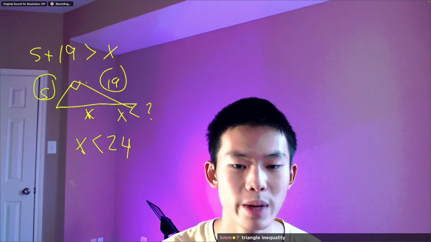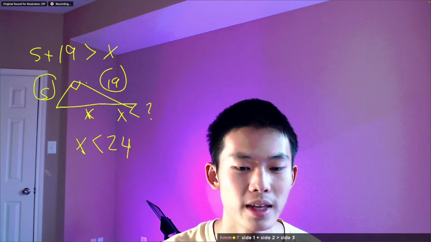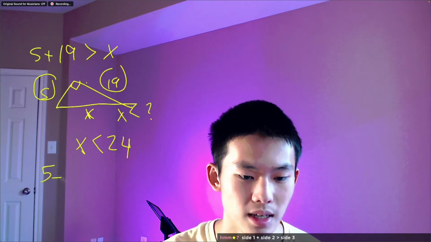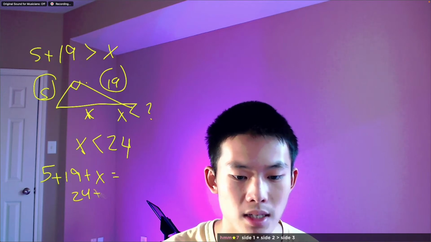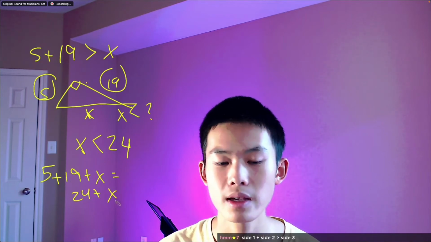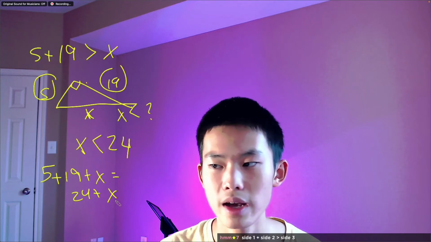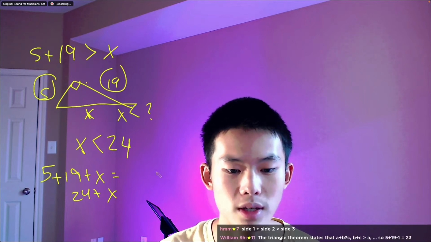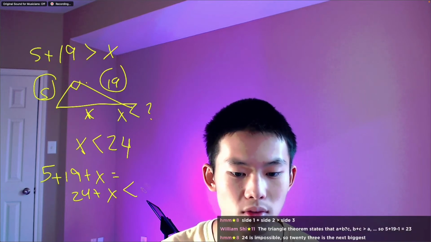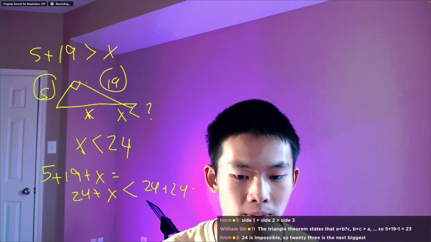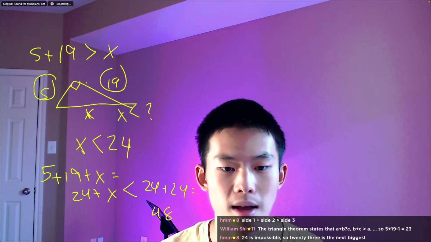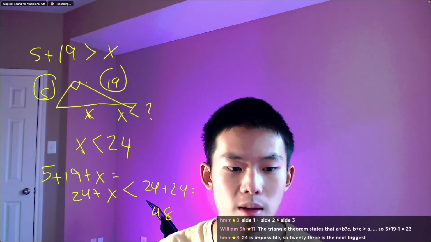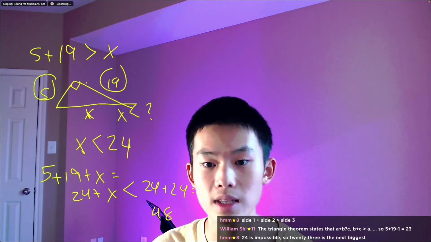Now, if we think about the perimeter, which is what we want to figure out, the perimeter is going to be 5 plus 19 plus x, which is equal to 24 plus x. But remember, x can't be equal to or greater than 24. So this has to be less than 24 plus 24, which is 48. And so 48 is going to be the smallest whole number larger than any perimeter of the triangle. And that's our final answer.